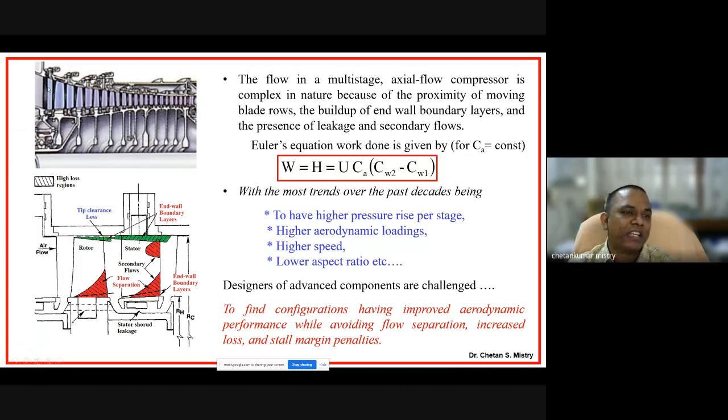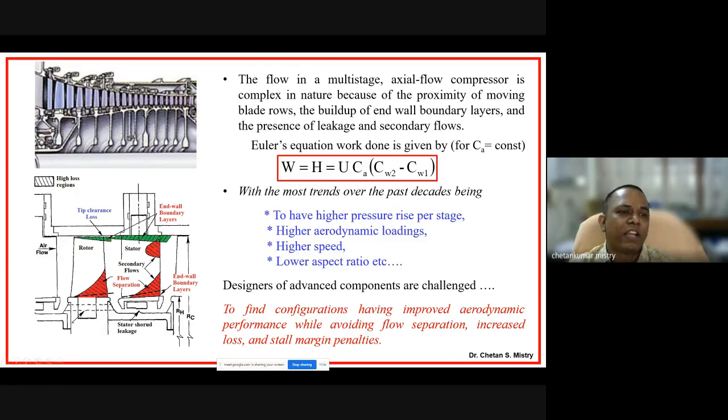So a stage is a stator and rotor. If one stator-rotor combination gives a high pressure rise, then the number of stages required will reduce. Now the problem is that my inlet pressure and my outlet pressure at the stage differ, since it is a pressure rise, so the downstream pressure is higher.